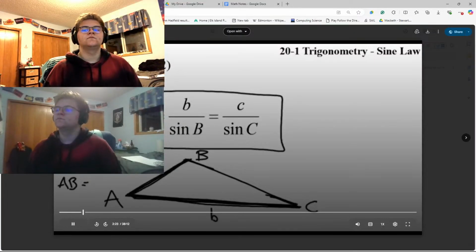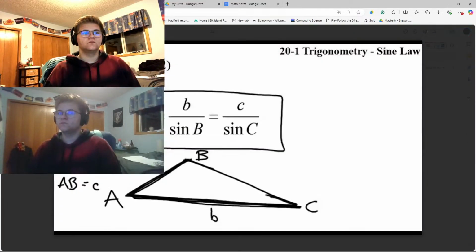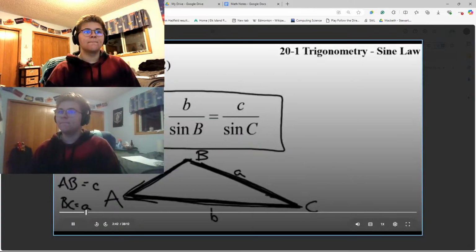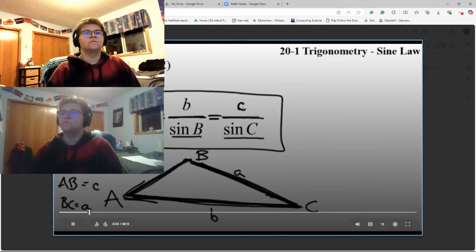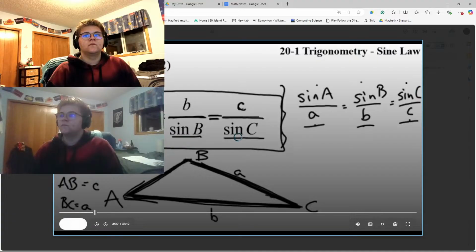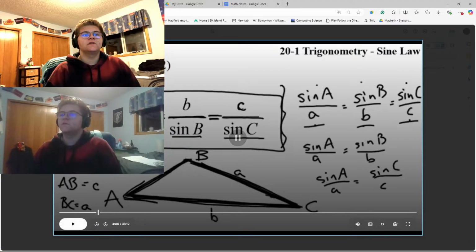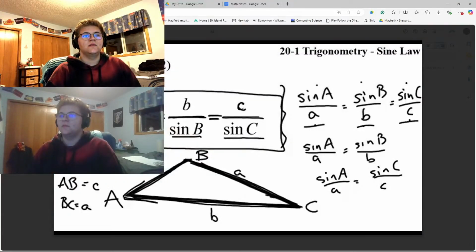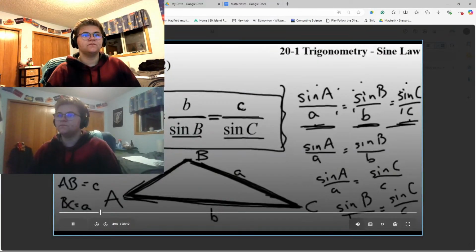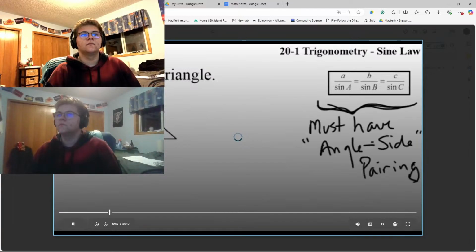From angle C, it could be side lowercase c, because the angle is going to be across from the side. So for this, we need to have an angle and a side that are the same, right? An angle-side pairing.